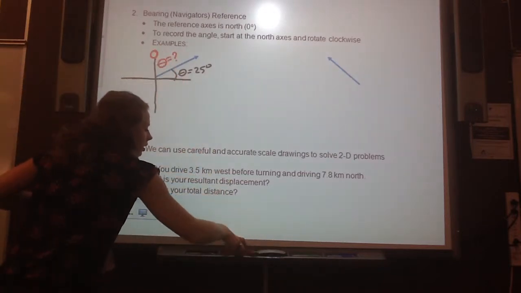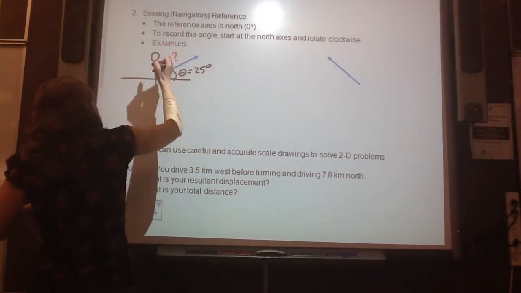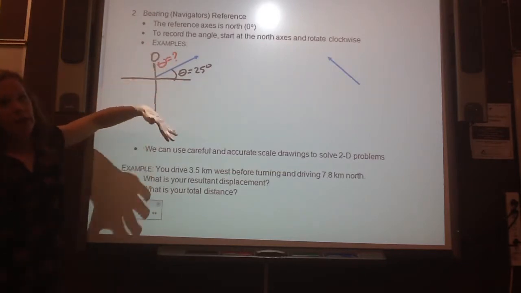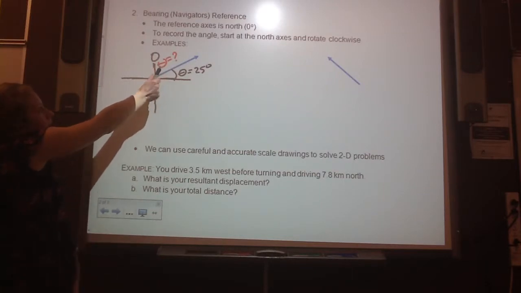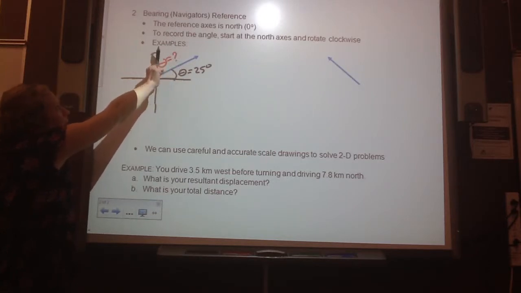Oh, I shouldn't use red. This is our 0. So we want to see how far away from 0 the line, or the vector, is. So I need to figure out the red theta here, because this is how many degrees it has moved away from north, or away from 0.